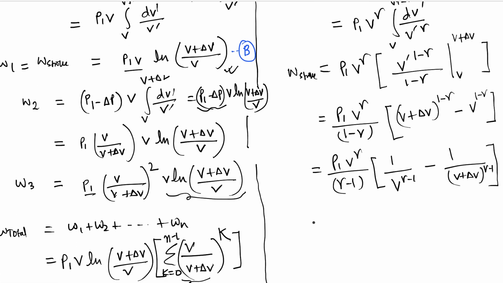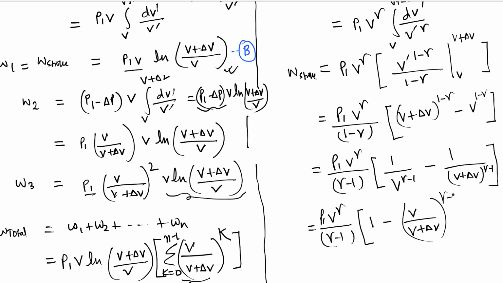And what we get is 1 - (V / (V + delta V))^(gamma-1), times 1 / V^(gamma-1).